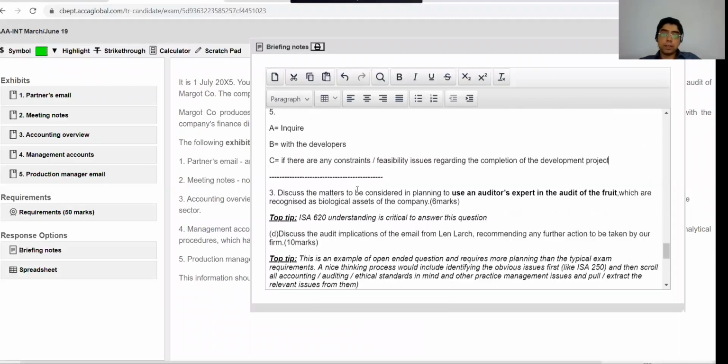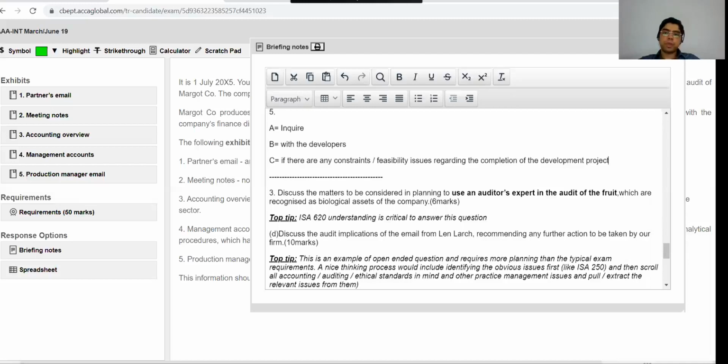Now, the last part of this question: discuss the audit implications of the email from Len Lark, recommending any further action to be taken by our firm. With questions like these, which are not the standard type, there are certain typical exam requirements in the AAA exam.